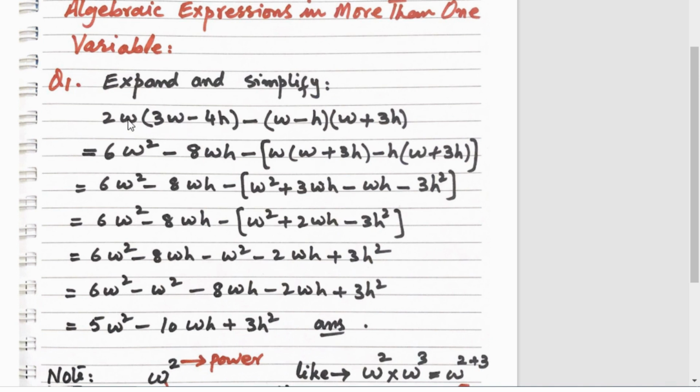We are multiplying w and w, so the base is written once, and on this base the added power is written as 2, meaning square. 6w square is the answer of 3 times 2 and w times w.